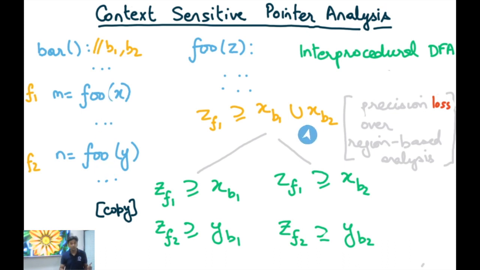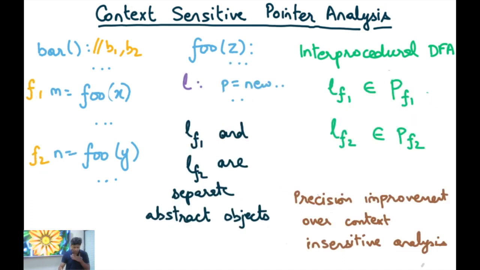So this is a precision improvement over context-insensitive analysis, because I'm tracking ZF1 differently from ZF2, but it's a precision loss over region-based analysis, because I am actually merging XB1 and XB2 to obtain ZF1, whereas a region-based analysis would have tracked even XB1 and XB2 separately.